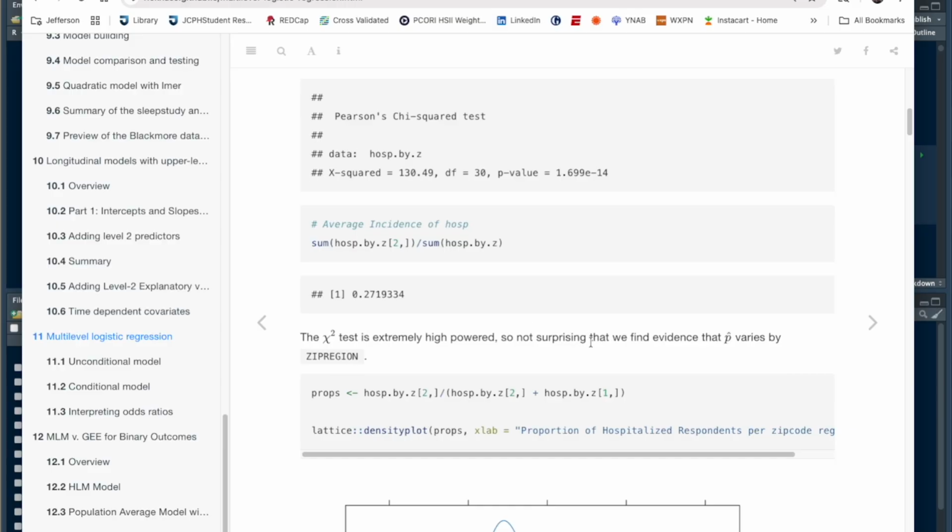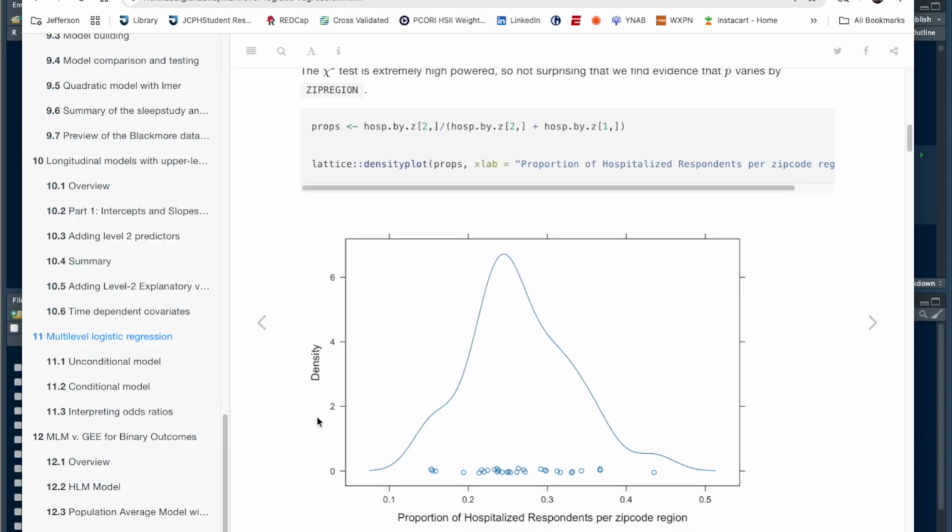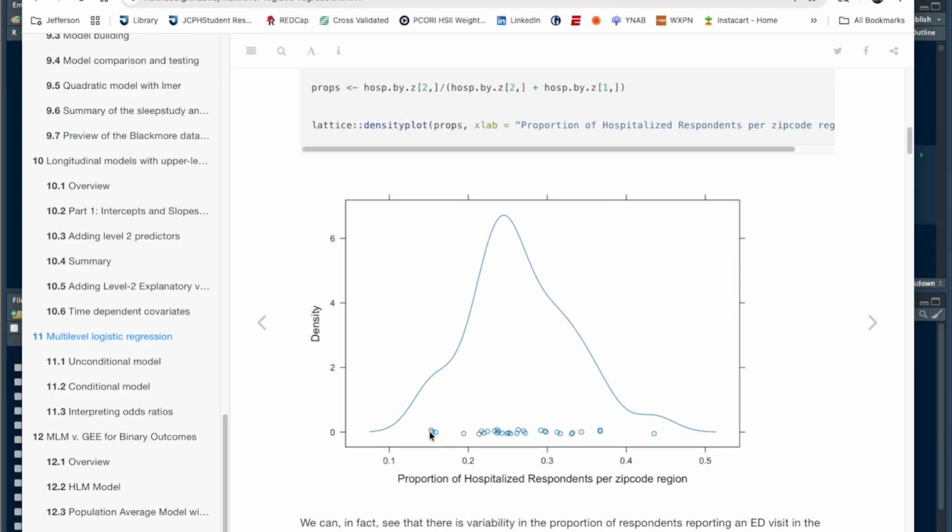Now, if we go ahead and, per zip code, turn the counts into proportions and plot them, we get something that looks like this. This is a density plot, which is a smooth histogram. Instead of a histogram, we see an estimate of the probability density, the probability distribution, of these proportions.